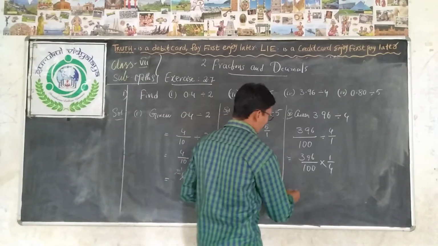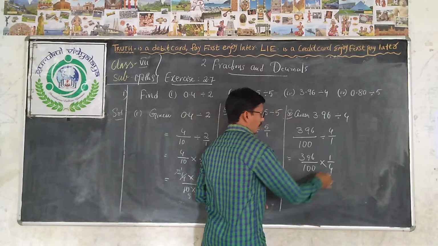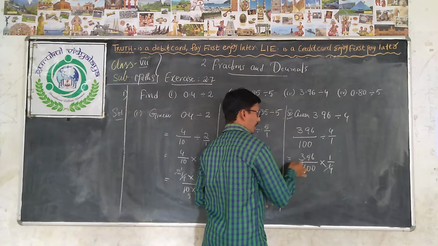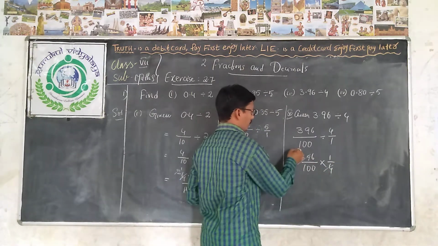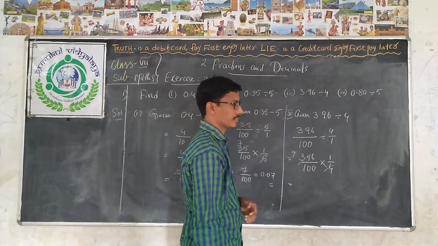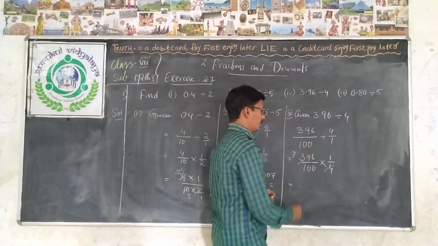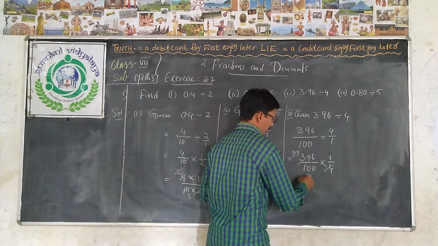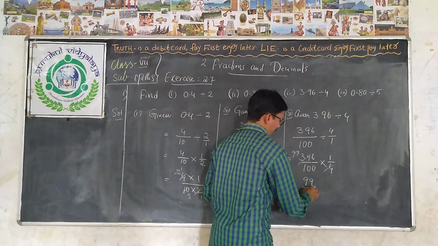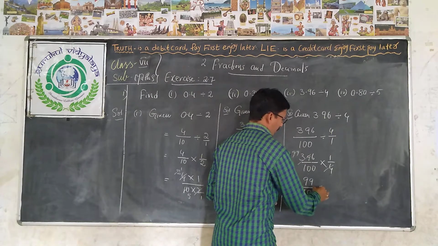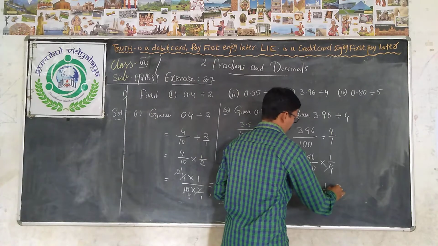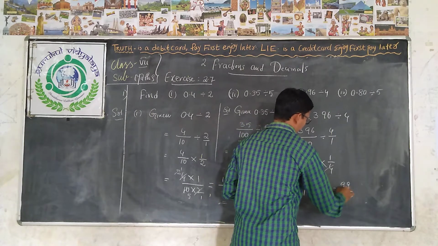Why? Because if the denominator has any tens or hundreds, it can easily be converted into a decimal. Okay, so now in the 4 table, 39, row number 36, 9 times will be gone. 4 9s are 36. So what will the remainder be? 3 and again 36. Again 4 9s are 36. So 99 by 100 into 1 by 1. So that is equal to 99 by 100.